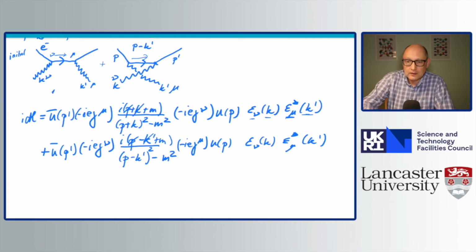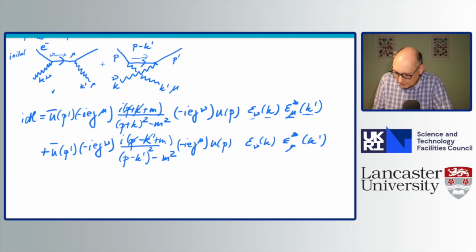Good. Now, this, of course, can be simplified slightly. Let's just write it together. The spinor string is all the same, right? u bar P prime, the propagator, u of P. So all of that, the u's, we can take outside the bracket. But let's collect all the i's.